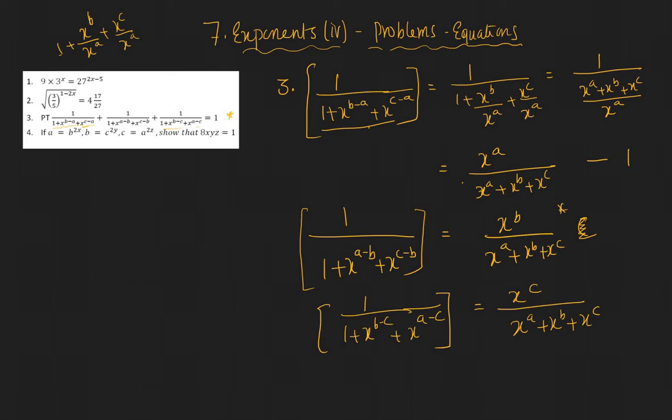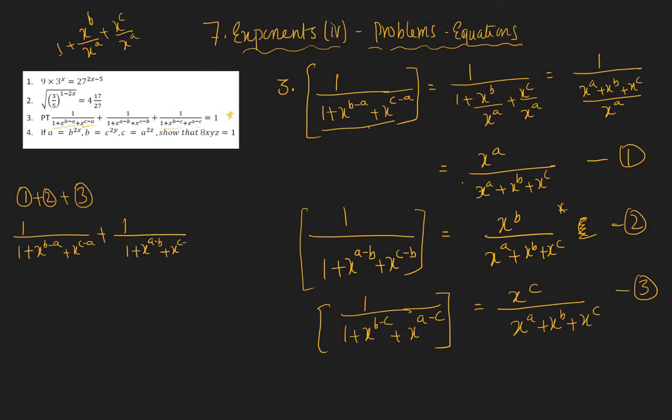So you now have three equations, 1, 2, and 3. If you add 1 plus 2 plus 3, we get this whole thing: 1 by 1 plus x power b minus a plus x power c minus a, plus 1 by 1 plus x power a minus b plus x power c minus b, plus 1 by 1 plus x power b minus c plus x power a minus c.